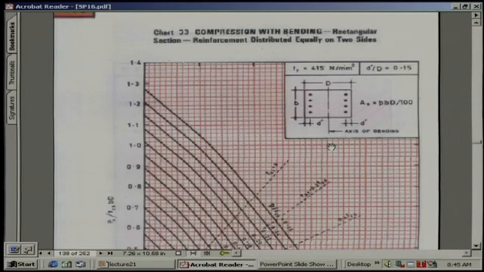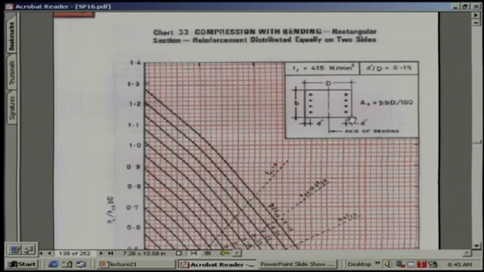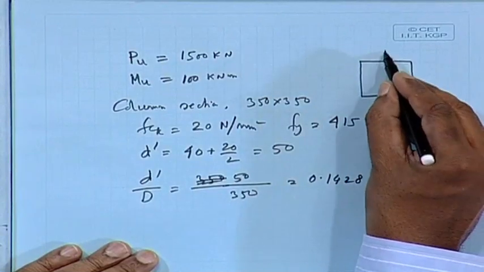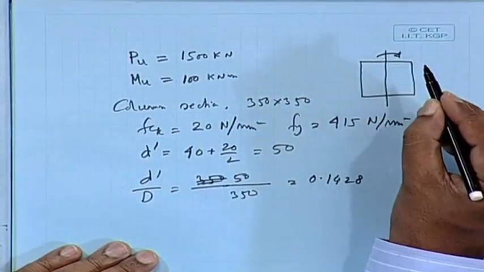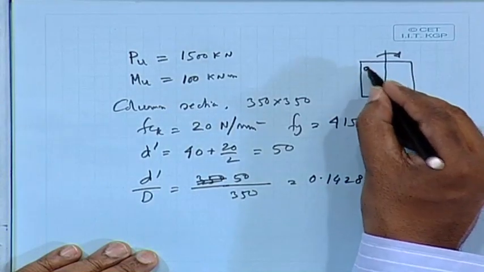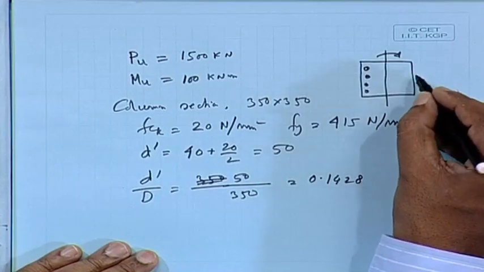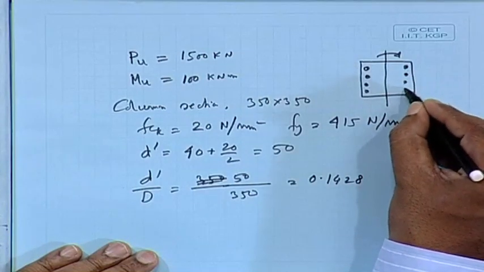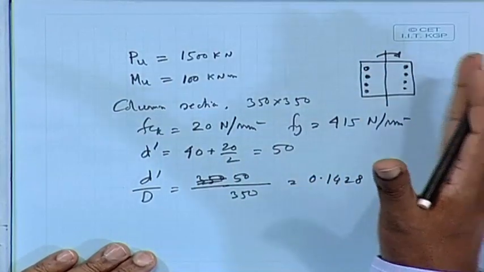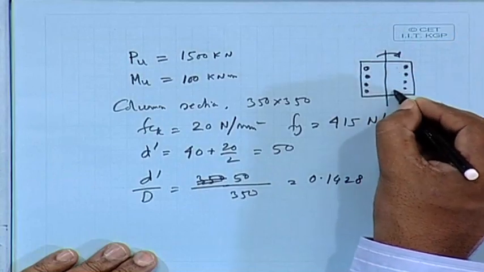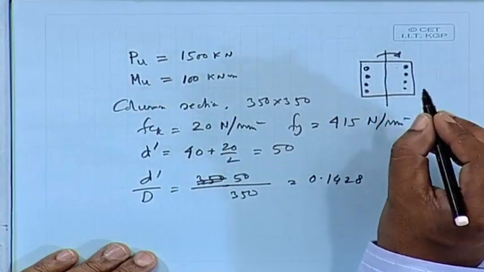Since the moment is applied about this axis, I am providing the reinforcement along this, then only we shall get the maximum benefit, because it will be as far away from the neutral axis as possible. So, instead of providing here, we provide like this for uniaxial bending.